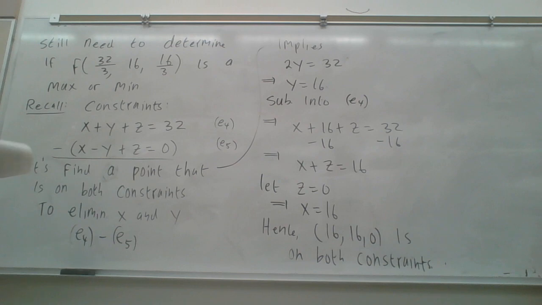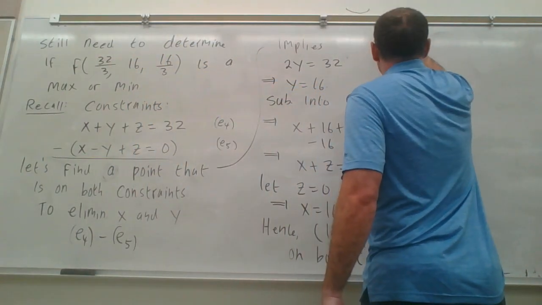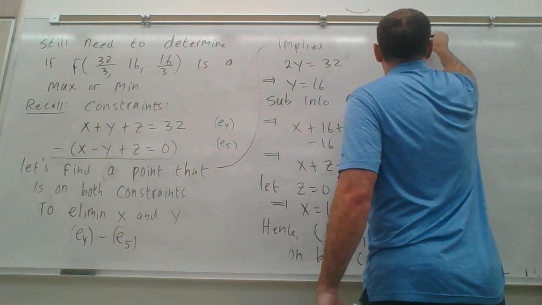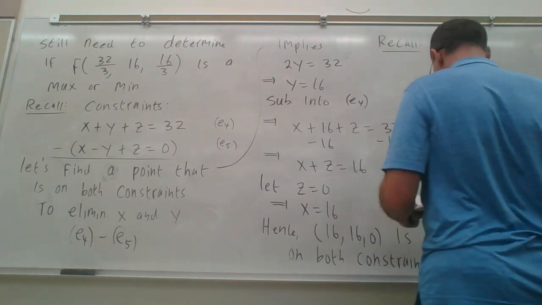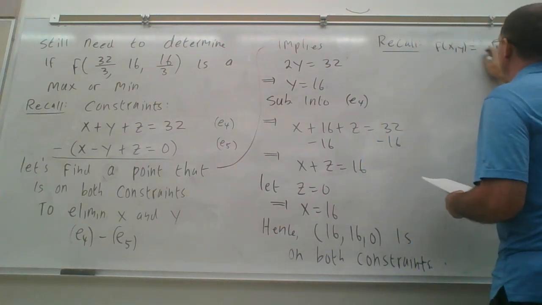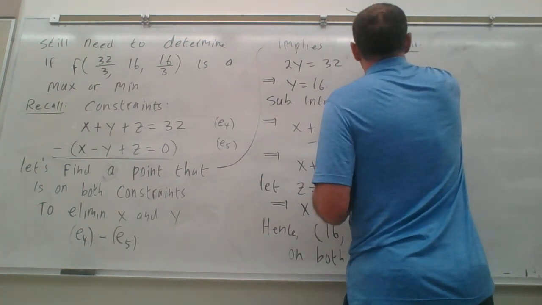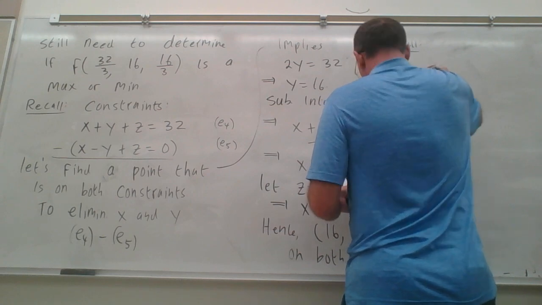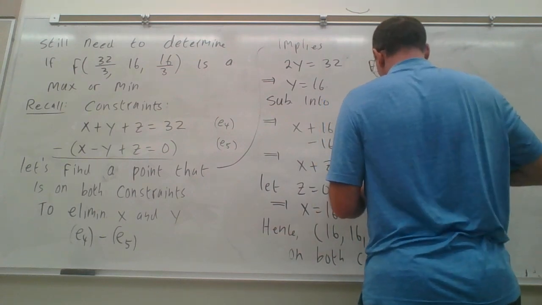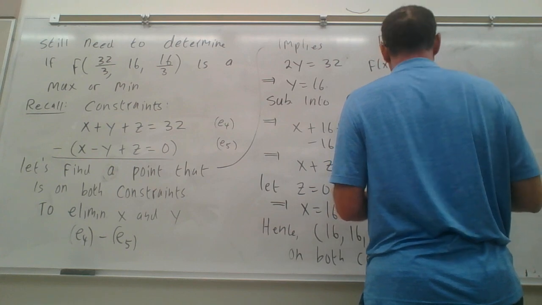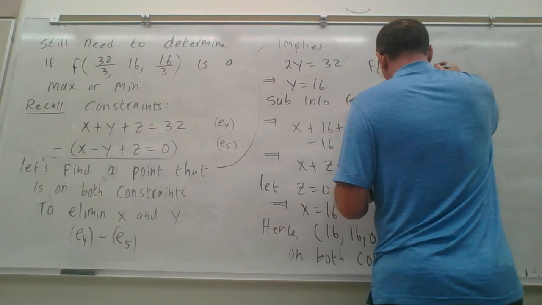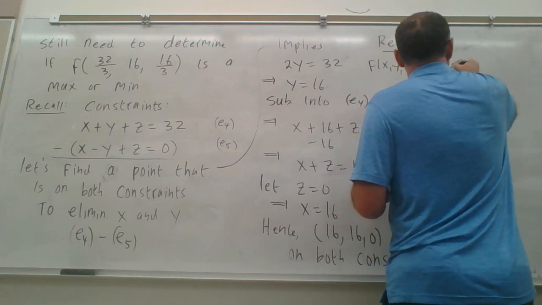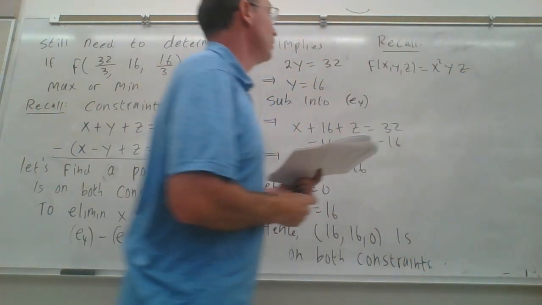Okay, so let's recall now, our f of x, y, z was equal to x squared y z.